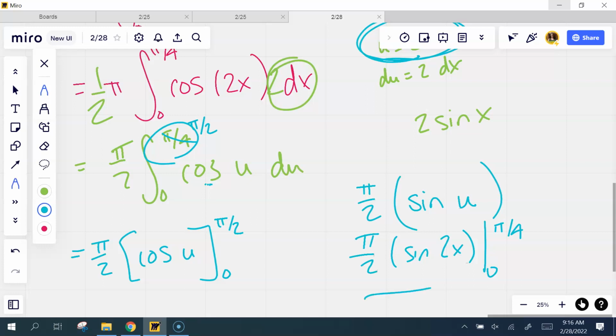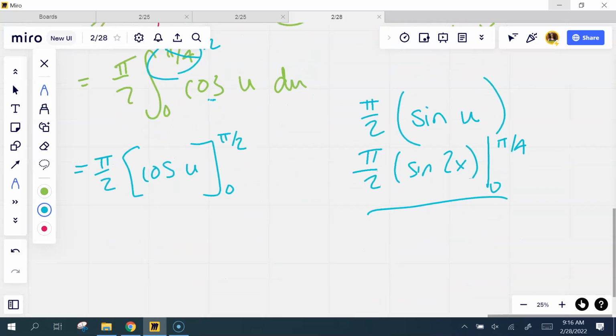And that's that, so you did it that way, and that's fine. Don't do it twice. Don't sub u back in and also write your bounds in terms of u. If you sub u back in, don't change your bounds.